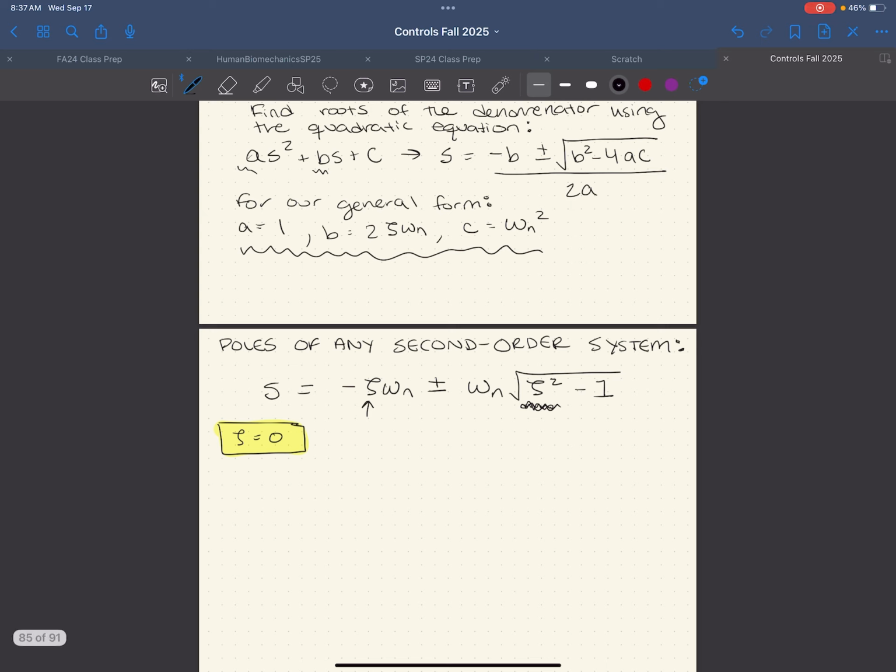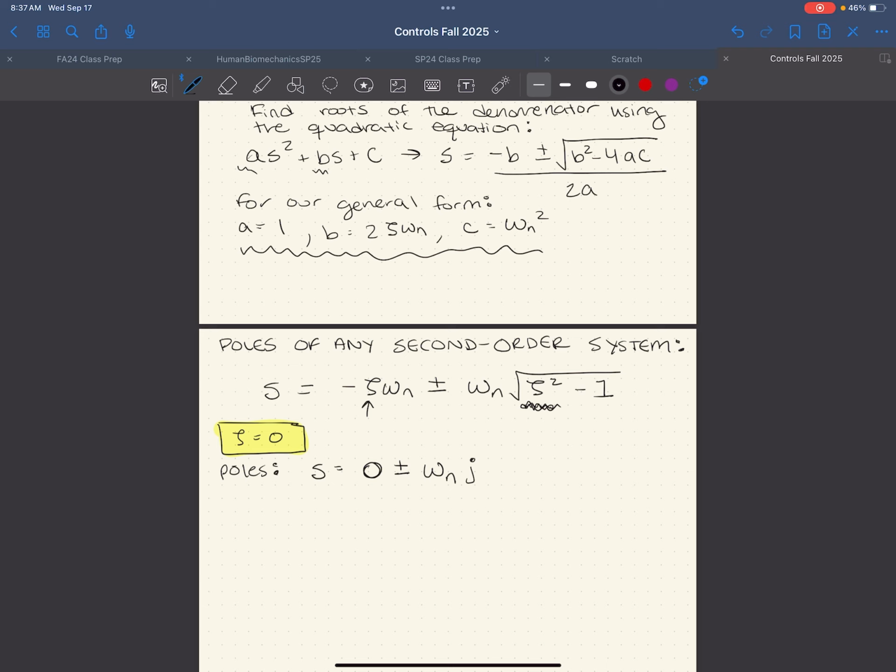So our poles, s equals 0 real part plus or minus omega n times the square root of 0 minus 1, which is just the square root of negative 1. And the square root of negative 1 is just our imaginary number. So this is just i, or if you prefer the electrical engineering version, j.